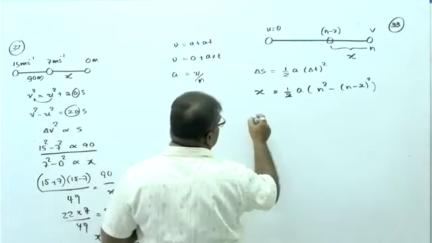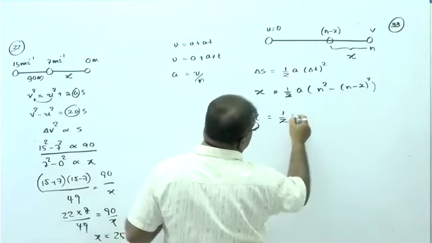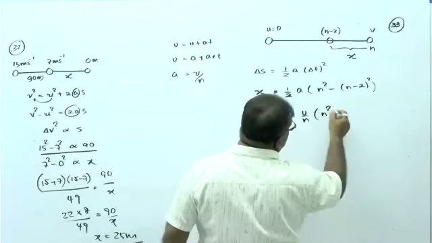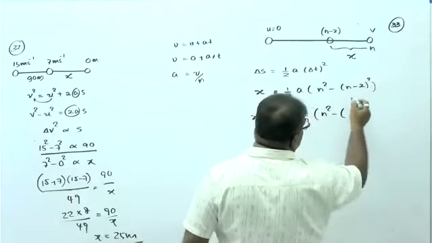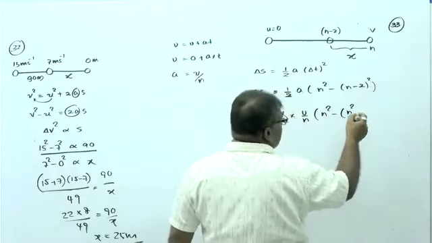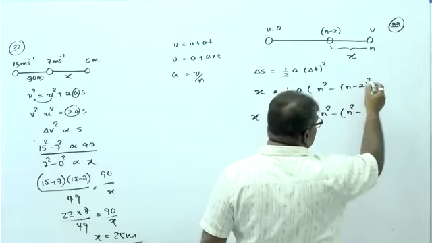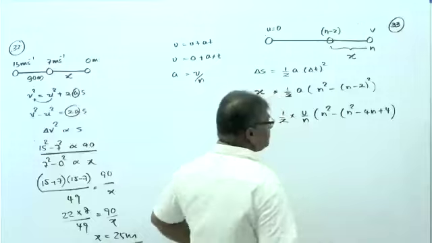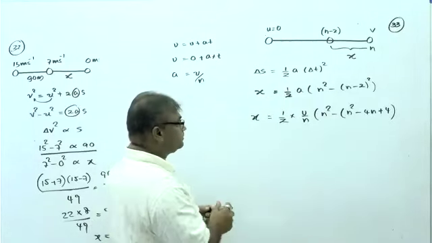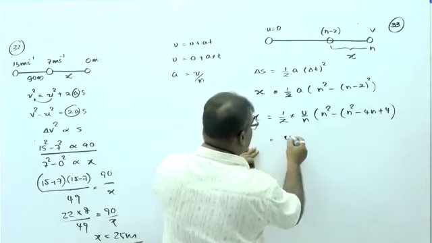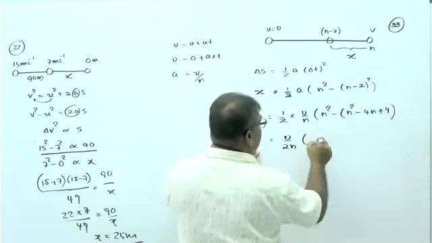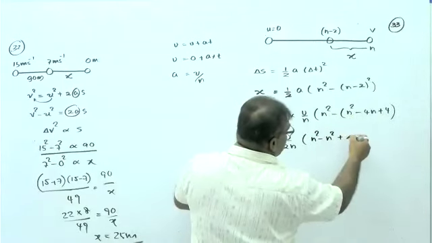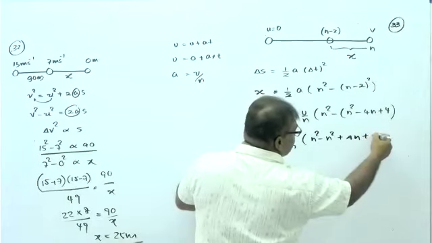We can put that value. x is half, a is v over n, times n squared minus this one's squared value, no? n squared minus (n squared minus 4n plus 4), right?